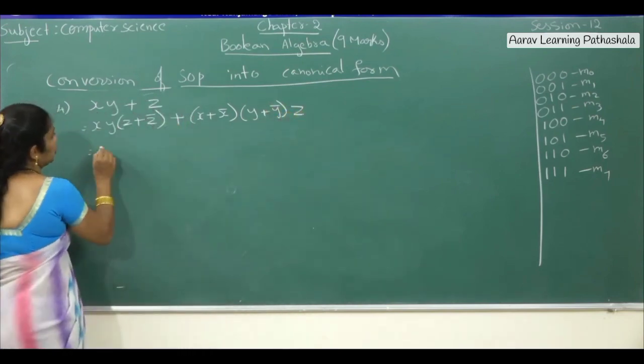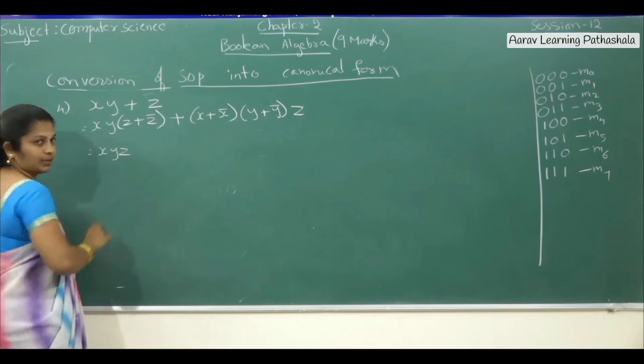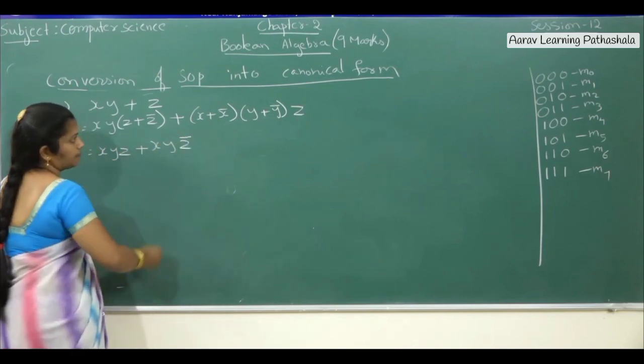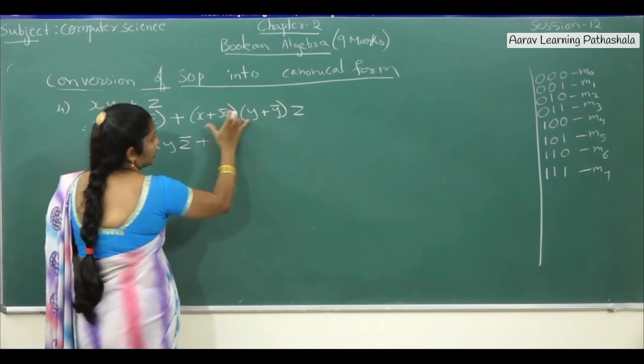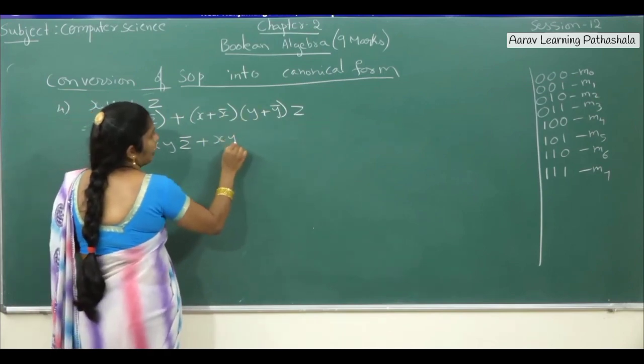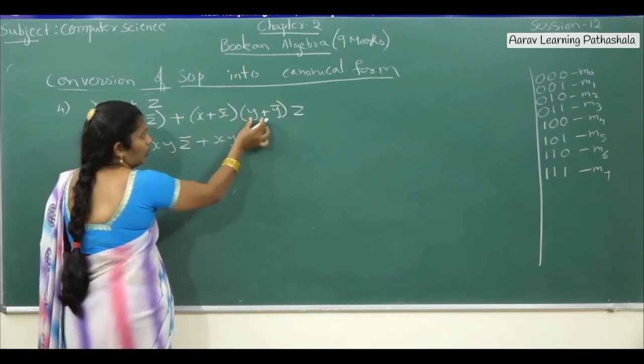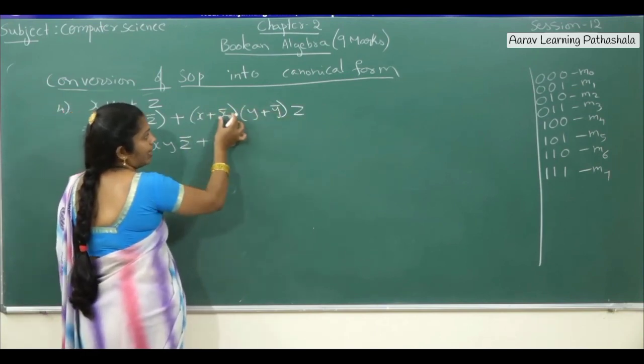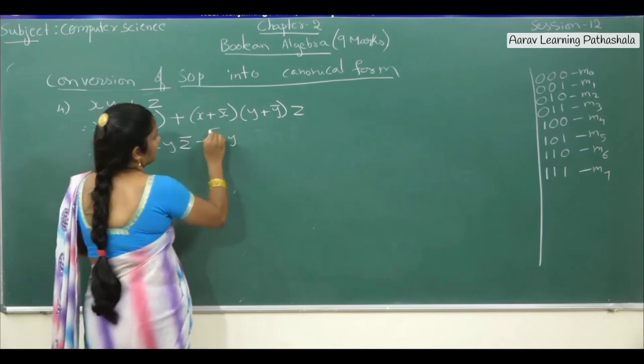Now distribute the given equation: xyz plus xyz bar plus, first I am going to distribute these two parts. First multiply x with y and then x with y bar. Next x bar with y, x bar with y bar.